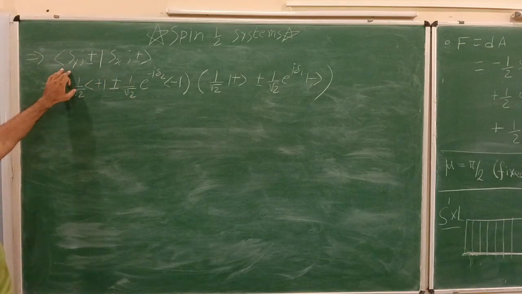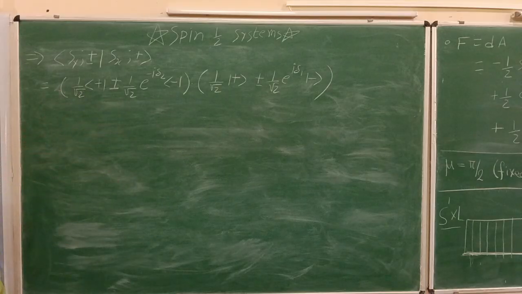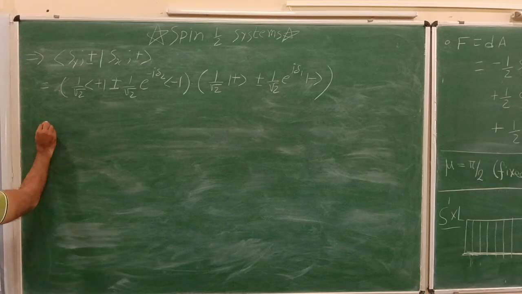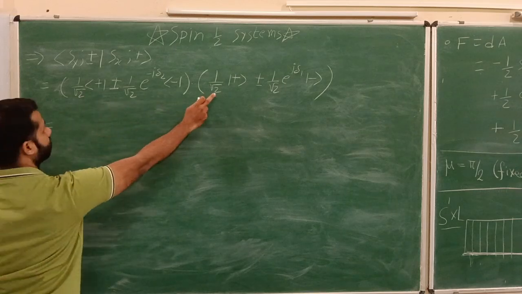How much overlap is there with the spin y plus or minus states? Right. So this is usually 1 by root 2, this 1 by root 2, as 1.